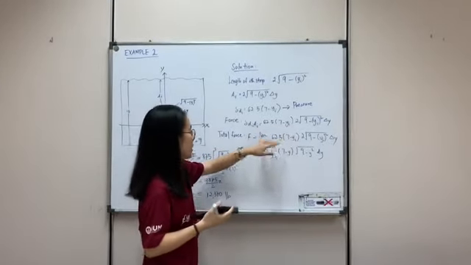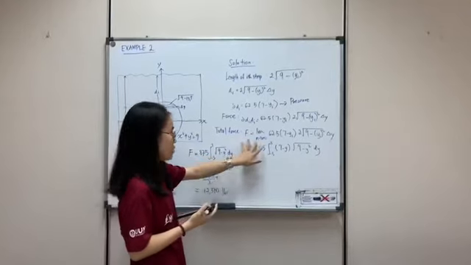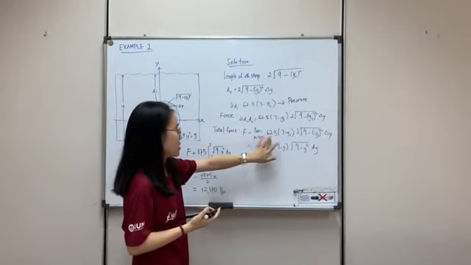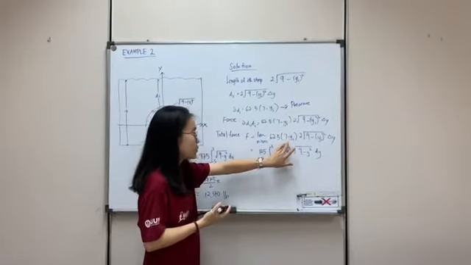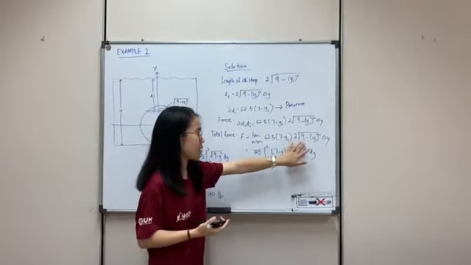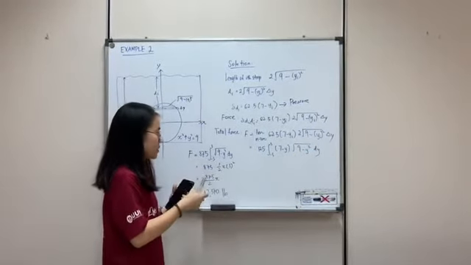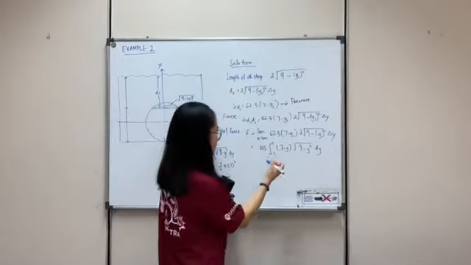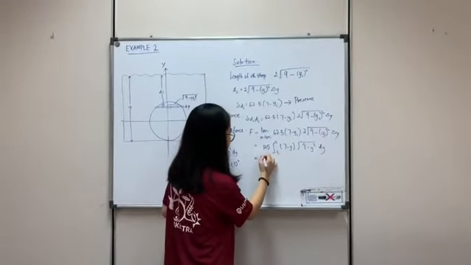Then the total force will be the limit as n tends to infinity of 62.5 times (7 minus y_i) times 2 square root of (9 minus y_i squared) delta y. And then we will integrate this equation.